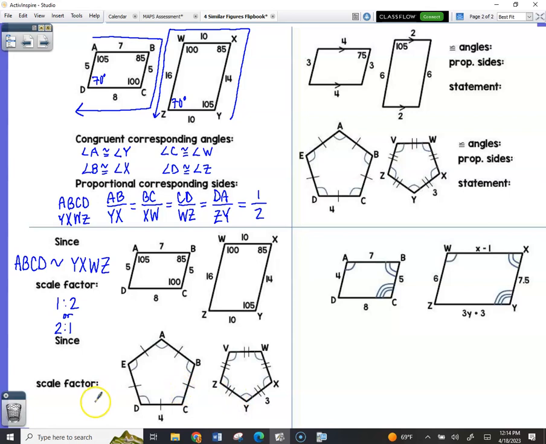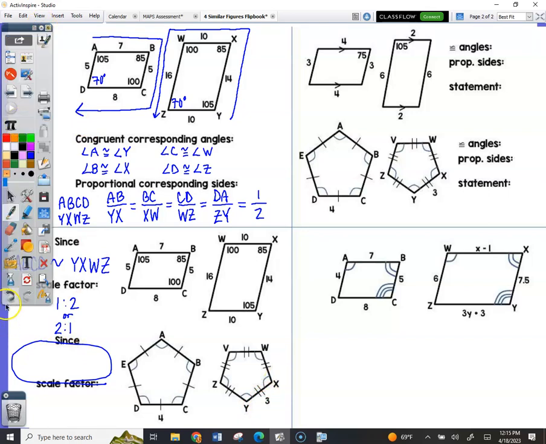Yeah. Okay. So I want you right here, I want you to label this shape, then label this shape, and write the similarity statement. Right here. So everybody do that. Label it right here.